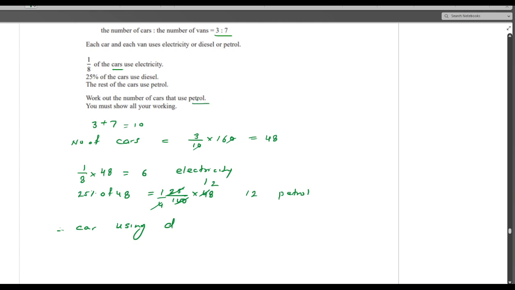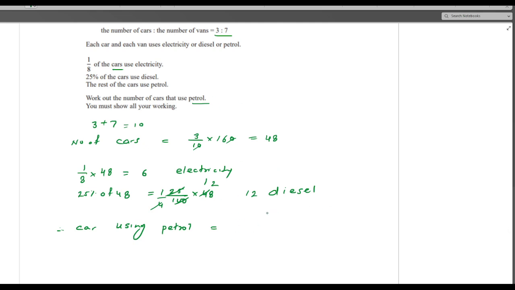The number of cars that use diesel is 25%, and the cars using petrol are the remaining. So the number of cars using petrol is the total 48 minus electricity, 6 are using electricity, 12 are using diesel.